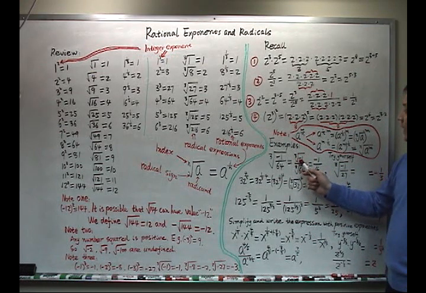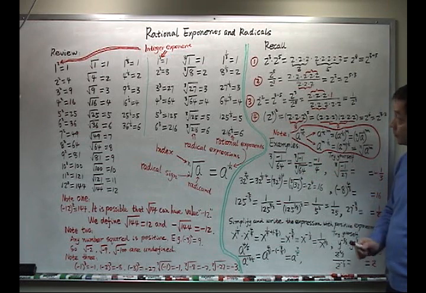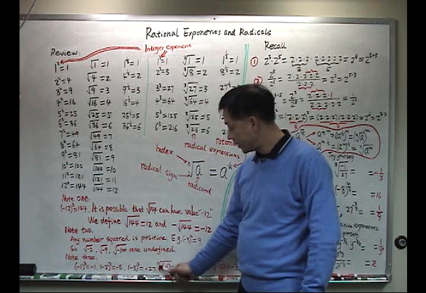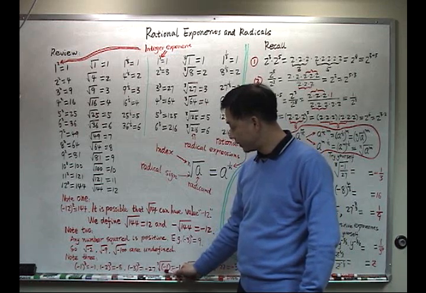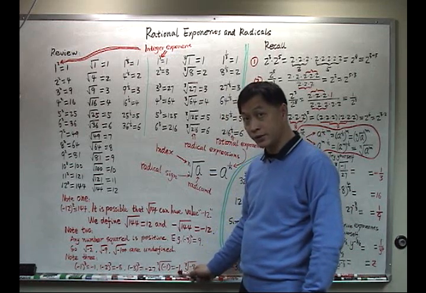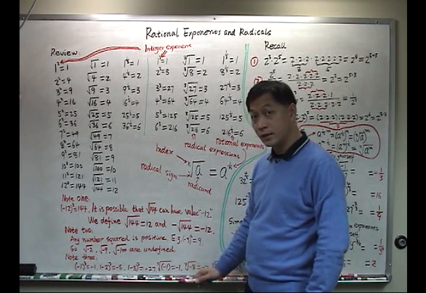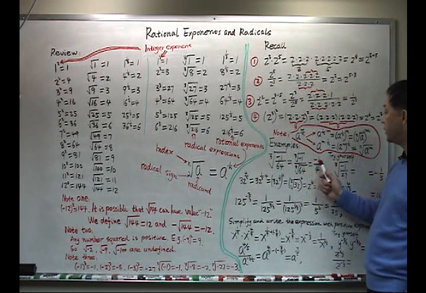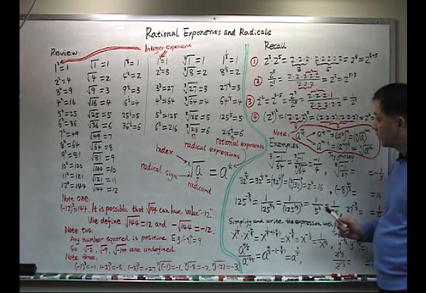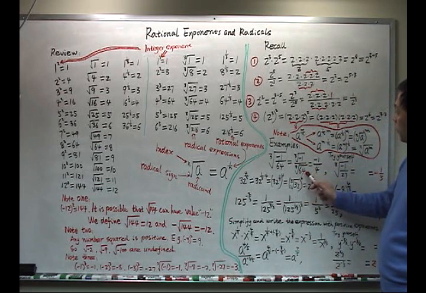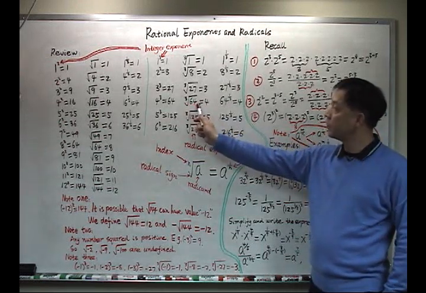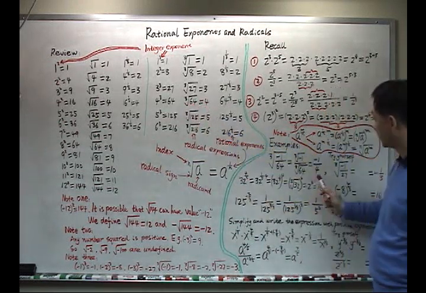The cube root of negative 1 is negative 1. We can see clearly right here, just now we said the cube root of negative 1 is negative 1. And the cube root of 64 is 4. So right here.